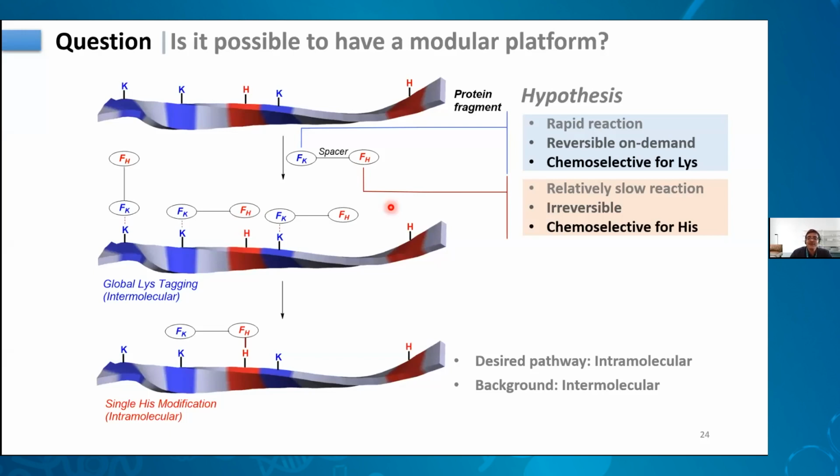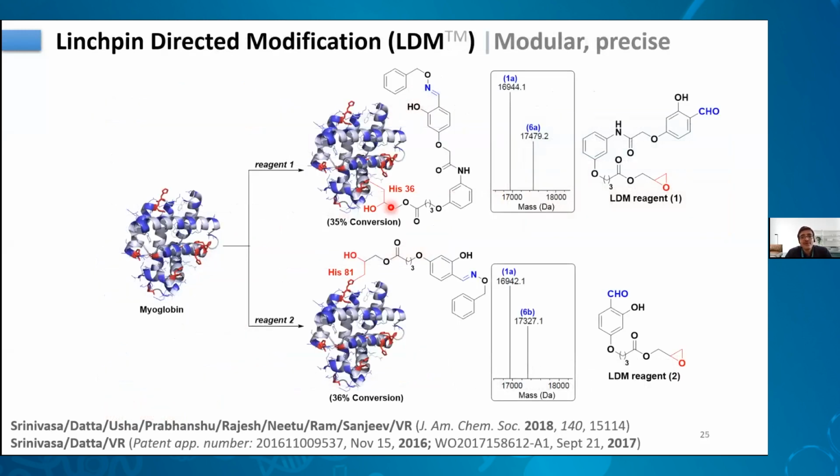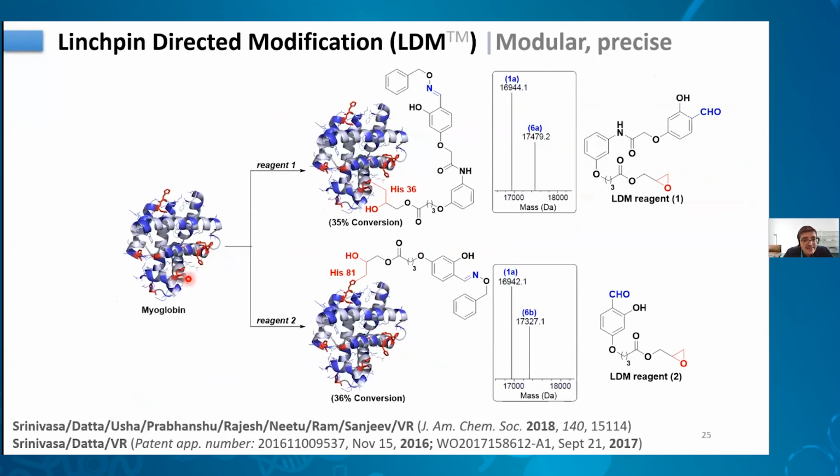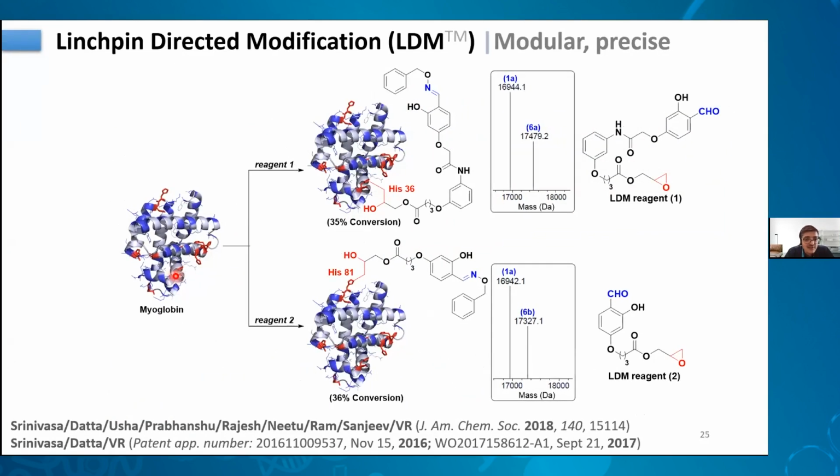So we took this forward, and I'll show you one example of a model protein where things work pretty well. So in this case of myoglobin, we can label or modify histidine 36 or histidine 81 in two completely different domains without touching any other residue, simply by the way we position FK and FH in three-dimensional space with respect to each other.